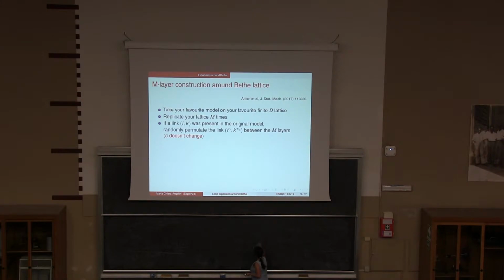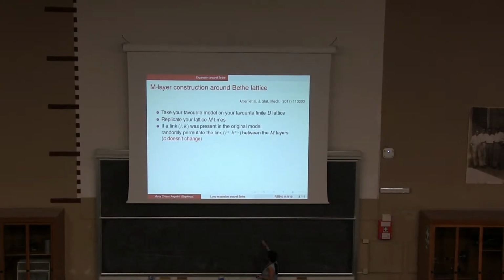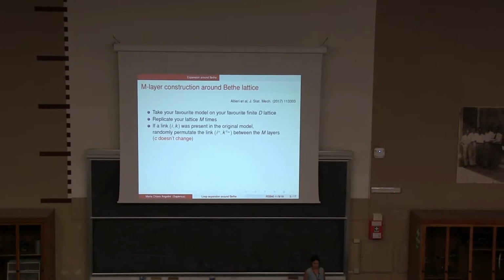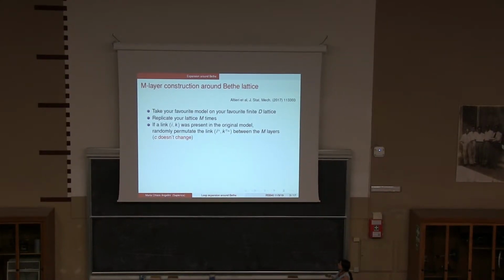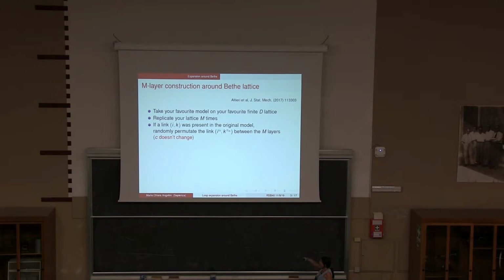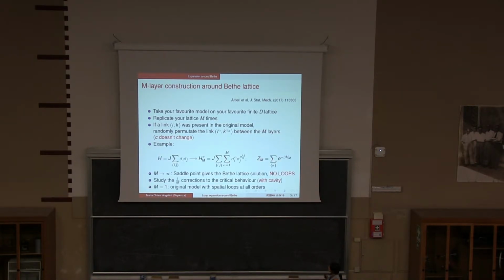So I take, for example, this one, and then this one, and then this one. This is the random permutation of the link between i and k. And you should do this for all the links in your original lattice.